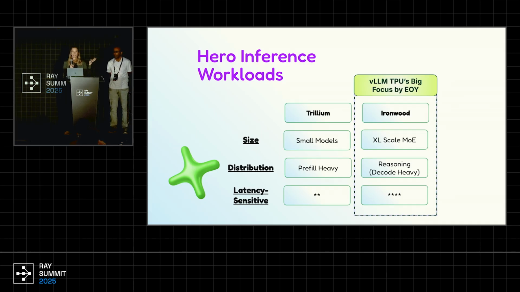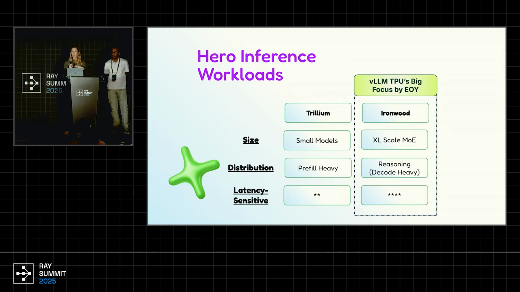I'd say it's the cheapest perf per dollar, or cheapest FLOPs on the market, by far. So small models, prefill-heavy or compute-bound. For latency-sensitive workloads, because the HBM memory bandwidth is a little bit lower, ultra-low latency is just not typically seen on the Trillium side, as opposed to Ironwood, which is a very, very large chip.